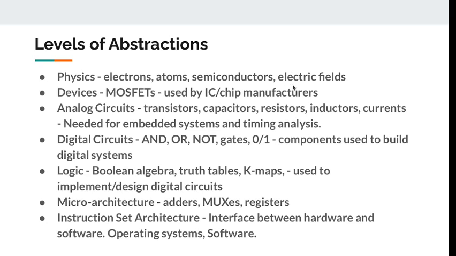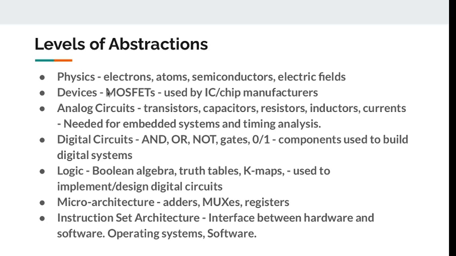Usually we used some memories in the past. We still use some electric fields for capacitors and everything like this in memories nowadays, but the bit that we saved was in electric fields in the past. So the physics level is the electrons and atoms and semiconductors that make our computer work, the electric signals.